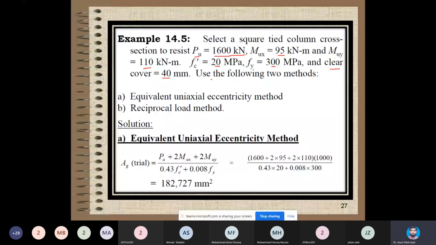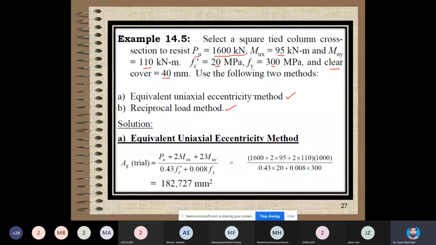And it is further stated, use the following two methods, equivalent uniaxial and reciprocal. If there is no such restriction, I suggest that you even go for the method of superposition, which is a rather simple method, because with that method, what you need to do is first design this column for Pu 1600 and Mux.